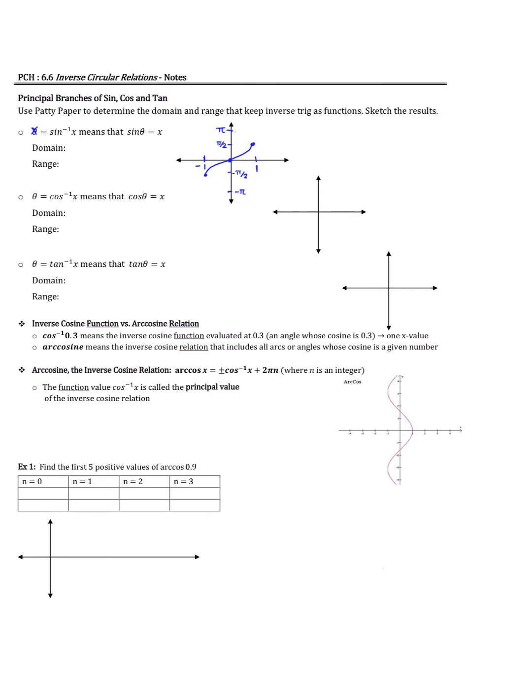Now, that keeps it a function because if it kept going, the graph would continue like this. So what we have is a particular limited domain and range where x will stay between -1 and 1, and the range will be between -pi over 2 and pi over 2. That keeps it as a function.